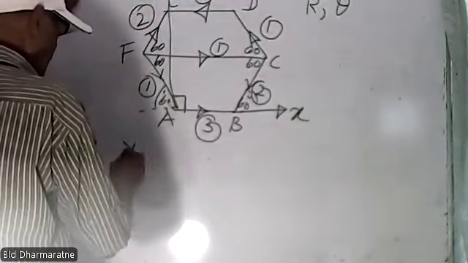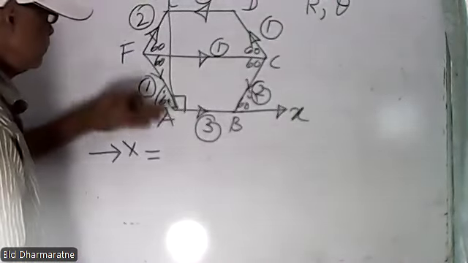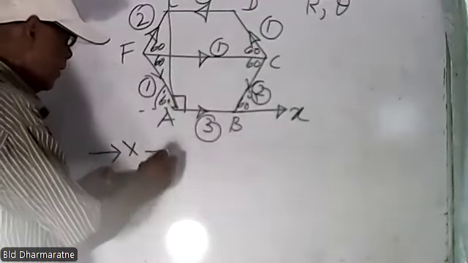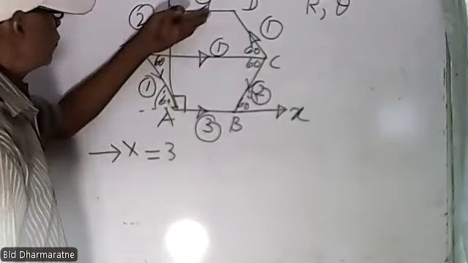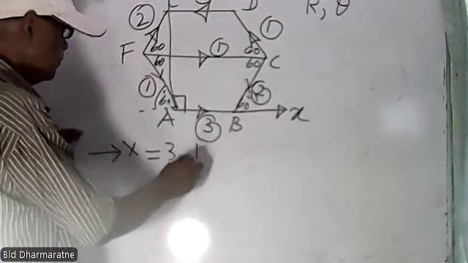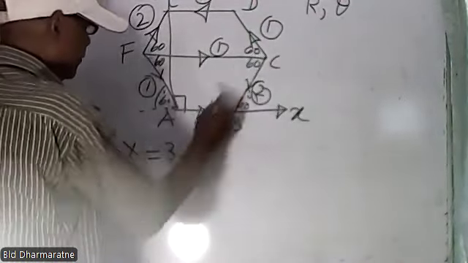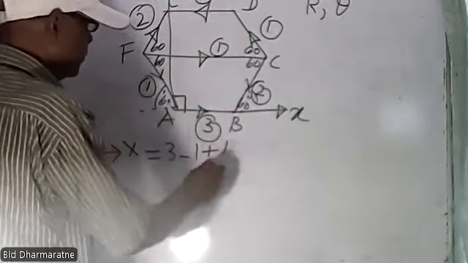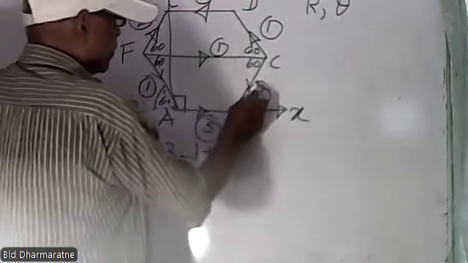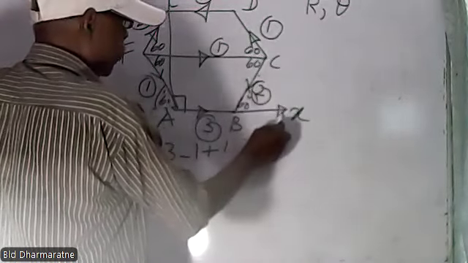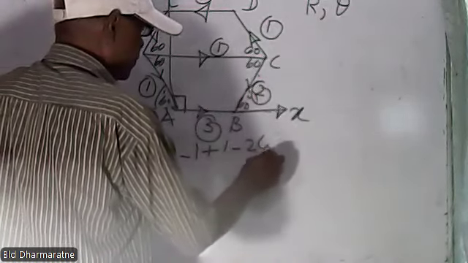Now x equals, after solving, we get 3. The parallel forces have -1, right? This other parallel force has +1, right? Now the inclined forces. This force is 2 cos 60, with the arrow coming in this direction, so minus 2 cos 60.